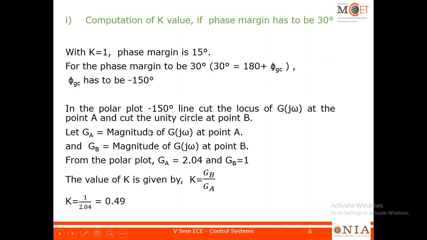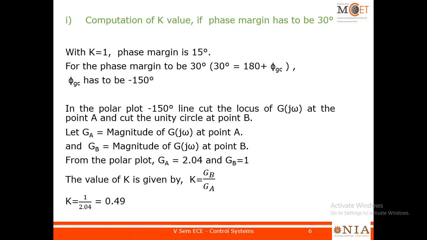That's why GB is always 1. Because it is the point corresponding to the K equal to 1 graph cutting the unity circle. When I say unity circle, that itself means that the gain is 1. So GB is always 1. Your work is to find only GA.